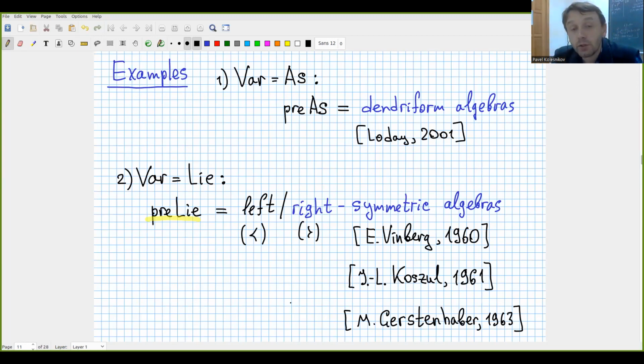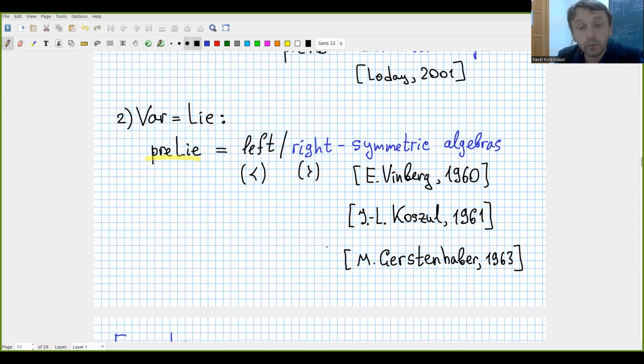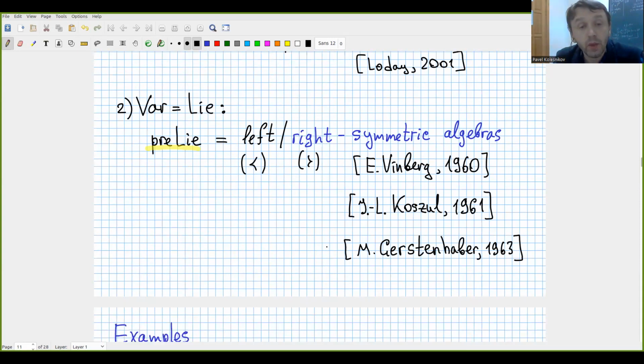Only one operation is enough to choose. If we choose the right operation, then what we obtain would be left symmetric algebras. The left operation provides us right symmetric algebras. They are both known as pre-Lie algebras. This is why I'm using the same pre-associative and so-called pre-Var algebras for all these theories.